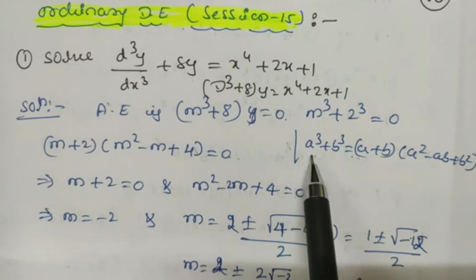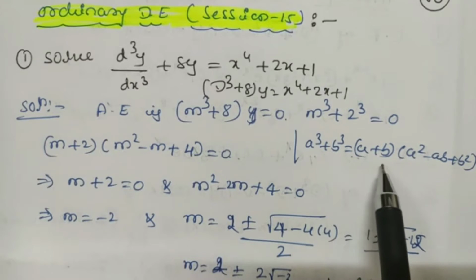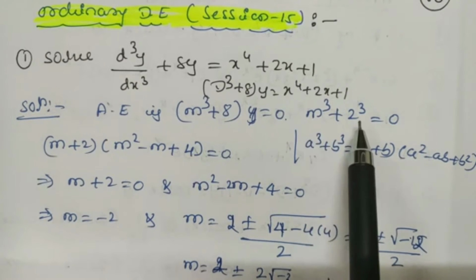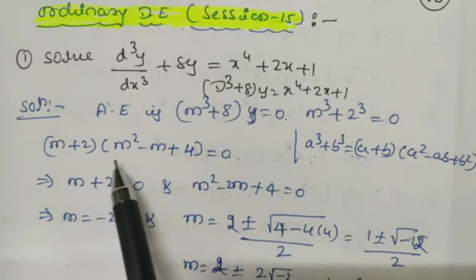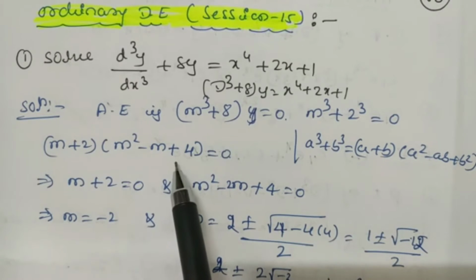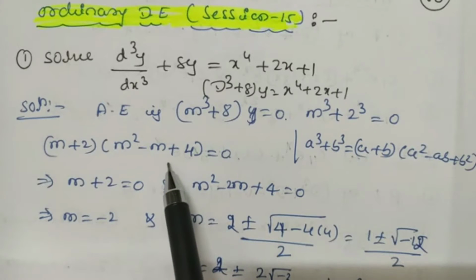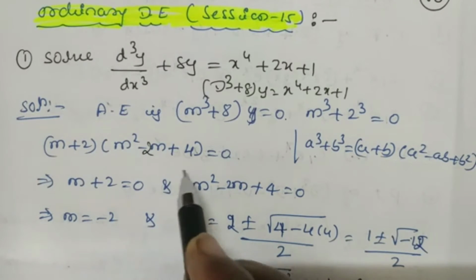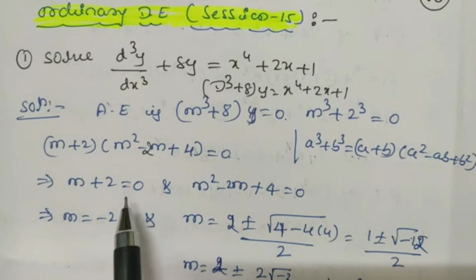We know the formula of a³ + b³ = (a + b)(a² − ab + b²). So m³ + 2³ will be (m + 2)(m² − 2m + 4) = 0.